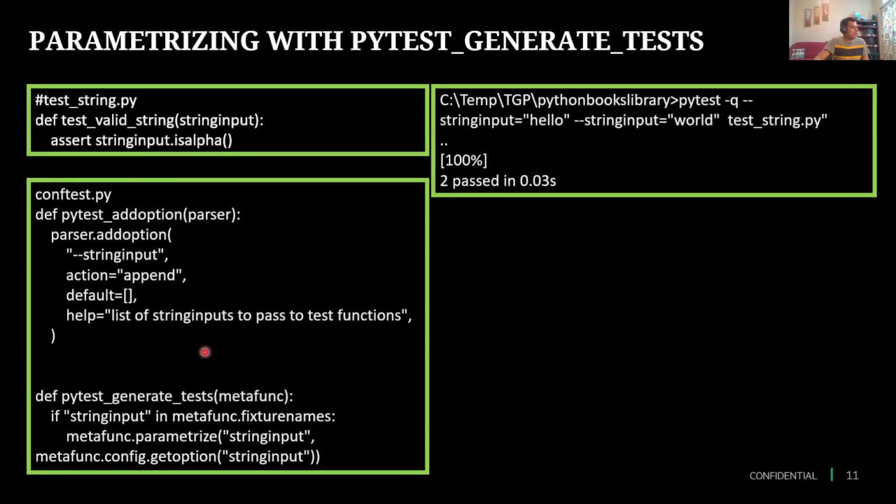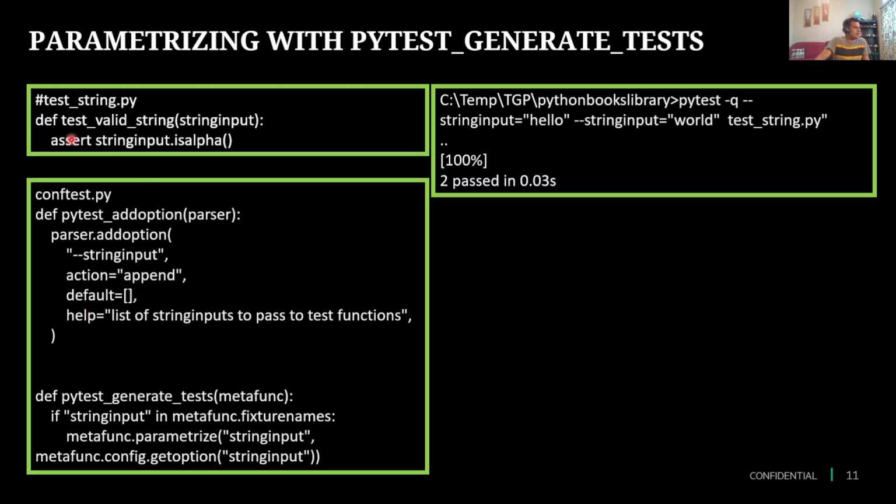As I mentioned, this pytest_generate_tests is very powerful. Whenever we want to dynamically control the execution flow from the command line, we can use pytest_generate_tests. In this particular example, I'll be showcasing that maybe I want to pass string input hello world, or maybe some more parameters. So from here, we are controlling the flow.